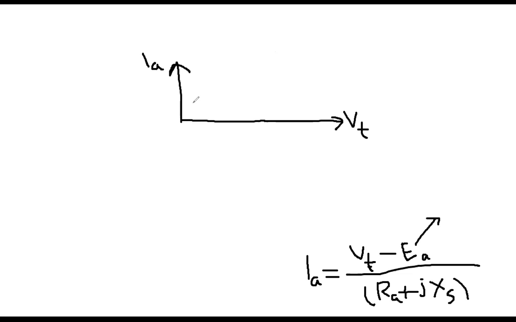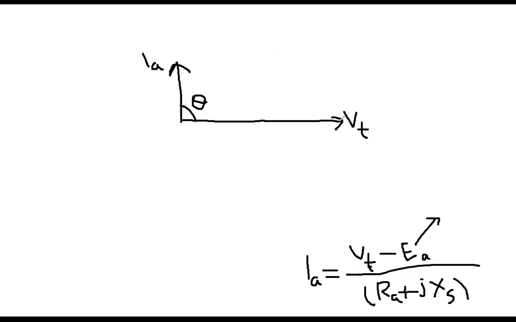I started with that concept. This is VT, and this is I, with theta of 90 degrees, fully leading. Now I want to plot the equation, although I removed it, EA equals VT minus IA RA, but it is the same thing.